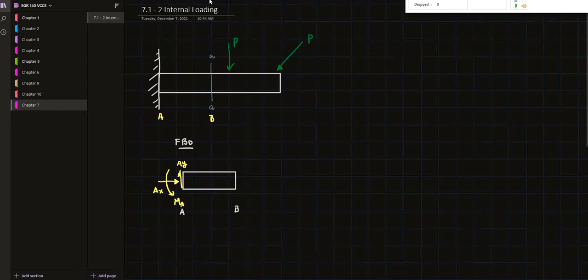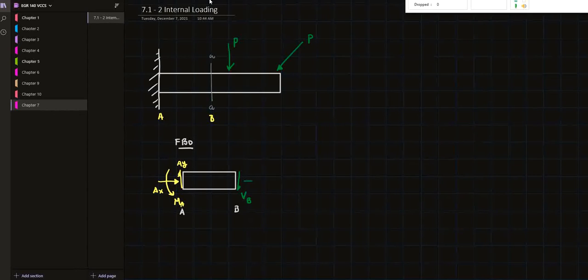So now if we look over here on the cut side at B, the cut at section AA, we have a force, which we're going to call a shear force in the y direction.